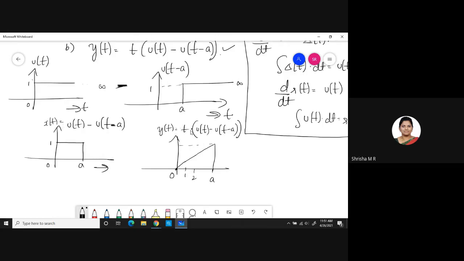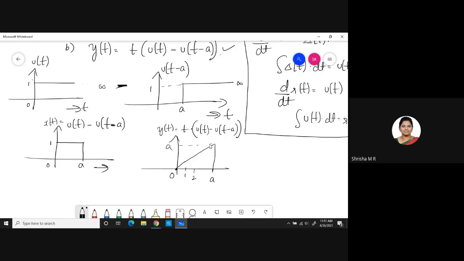How will you multiply with t? At t is equal to 0, 0 into this one is 0. At 1, 1 into this signal is 1. At 2, 2 into this is 2. At a, into this signal is a, with an amplitude a. Got it?